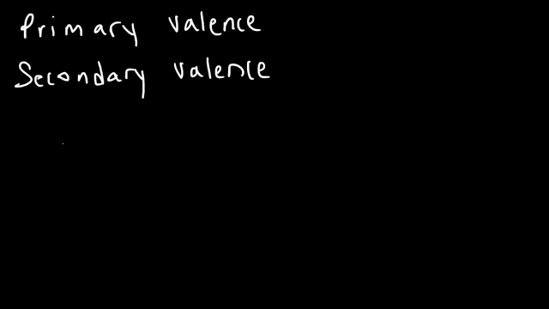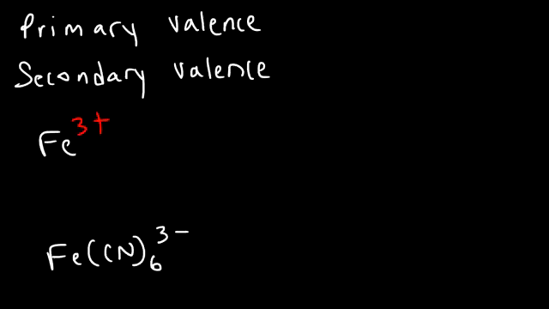And in the case of the Fe3+ ion, as it relates to this particular complex ion, what do you think the primary valence and the secondary valence of this transition metal cation is? The primary valence has to do with its oxidation state, and thus the way it forms ionic bonds.